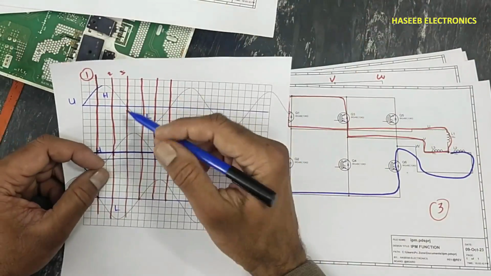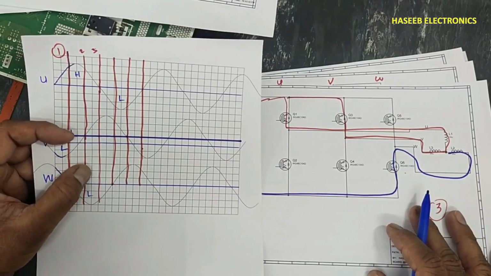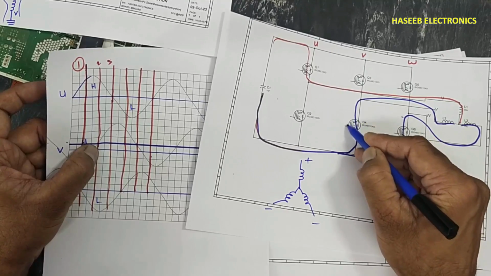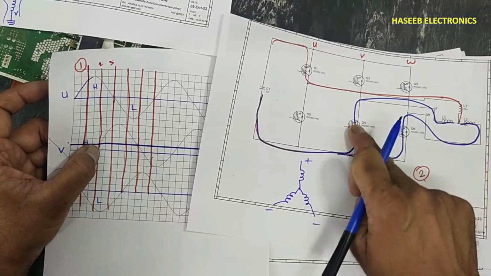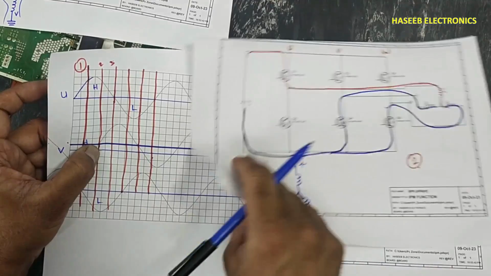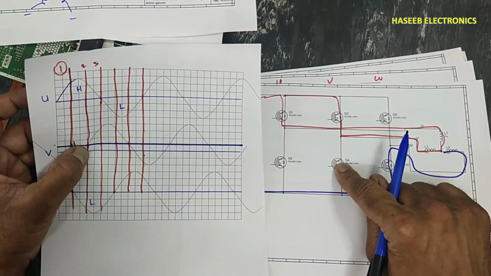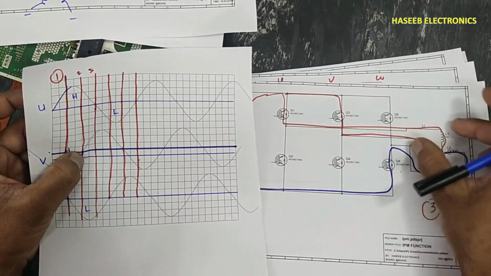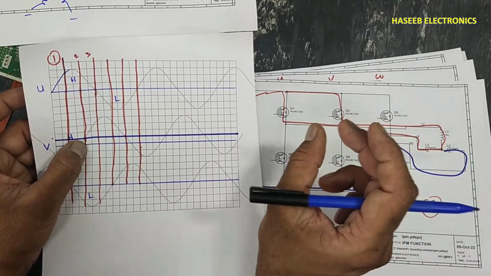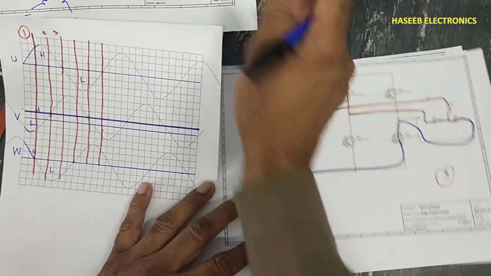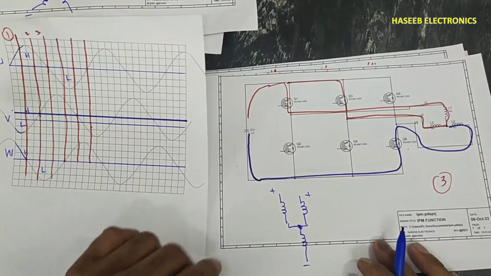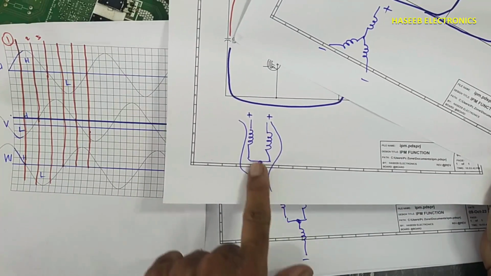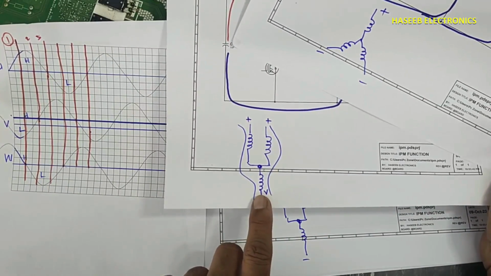In condition number 3, here V high, before this IGBT was on, but now this will turn off, this will turn on. Now this is turned off, this is turned on. It is already on, so these two windings will change their magnetic field due to the change of voltage. Now we can see in this condition these two windings were receiving positive voltage and this was providing the return path.